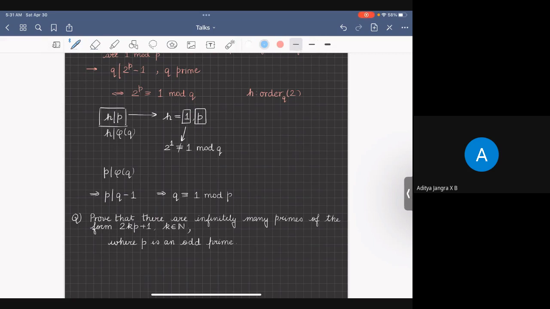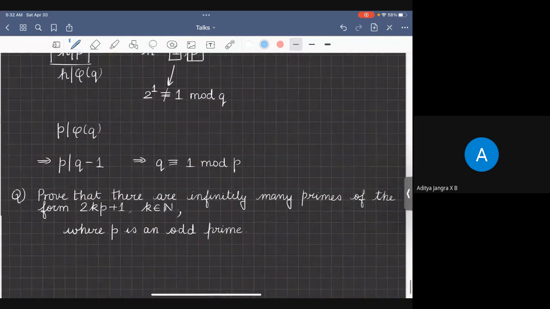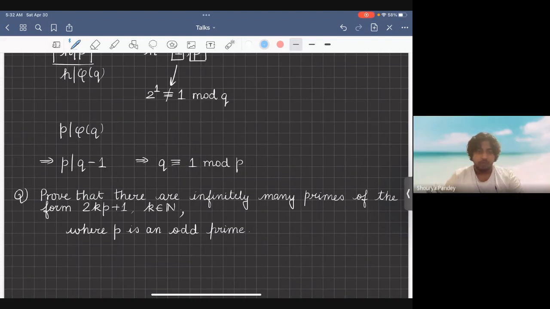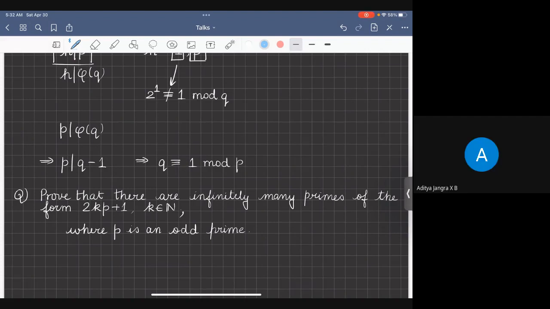So there are infinitely many primes of the form 2n plus 1, right? With just odd primes, you mean? Listen to me carefully. Suppose there are infinitely many primes of the form 2n plus 1, and if we take n as a natural number and do prime factorization of n, we get p and k different.